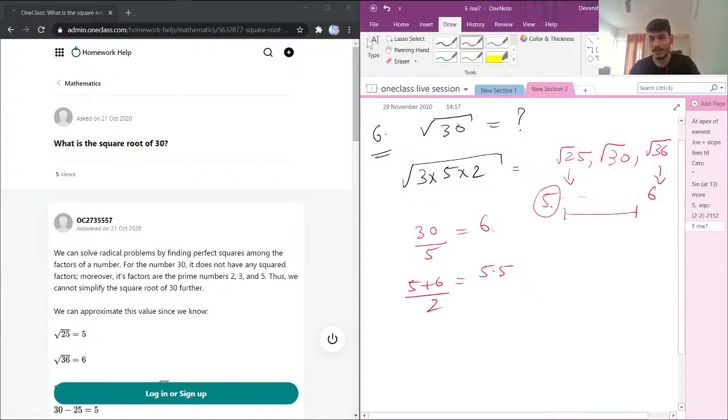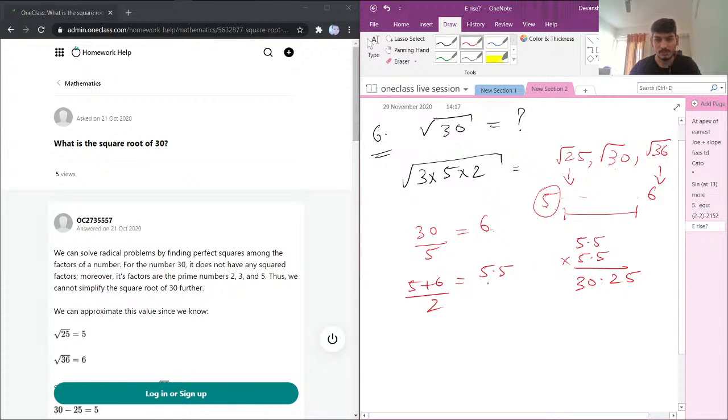Now if I multiply 5.5 with 5.5, if I take the square of 5.5, then 5.5 squared is 30.25. So it is again not equal to 30.